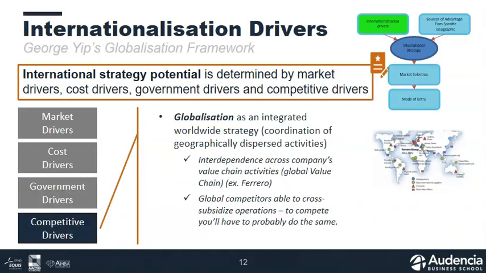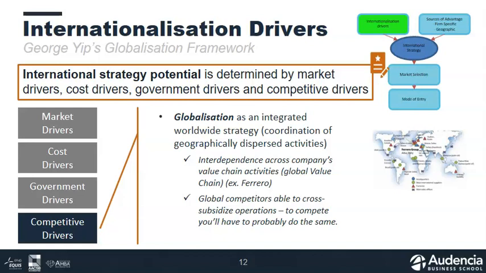Lastly, competitive drivers. Globalization basically is a type of international strategy. It's where we have integrated a worldwide strategy, coordinating our activities across multiple countries. So a global organization serves a global market, but also has global production. I can have part of my R&D in one country.